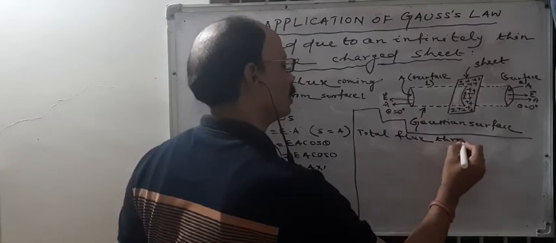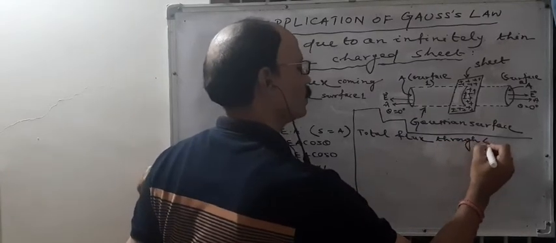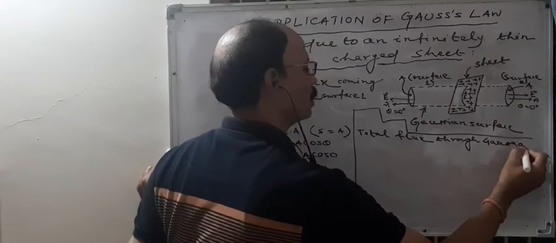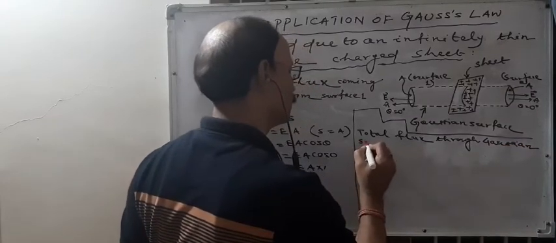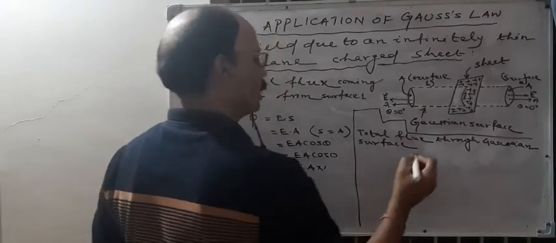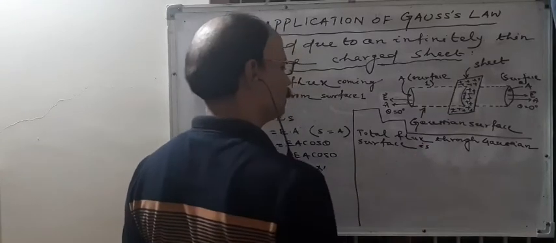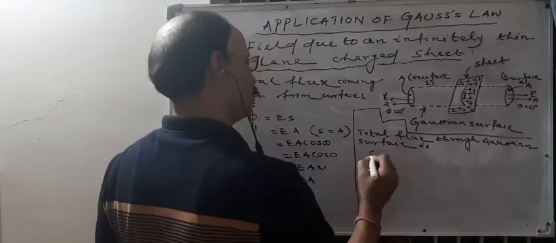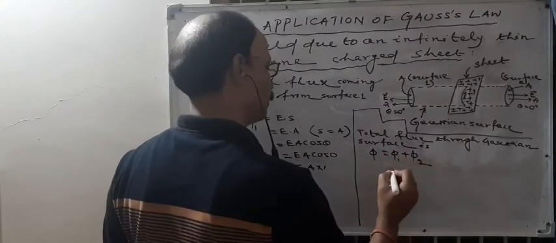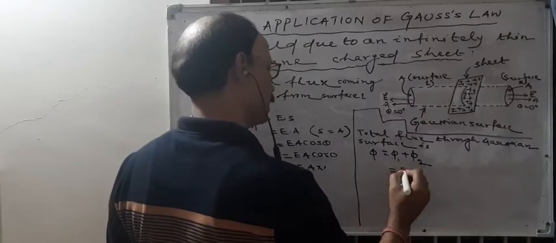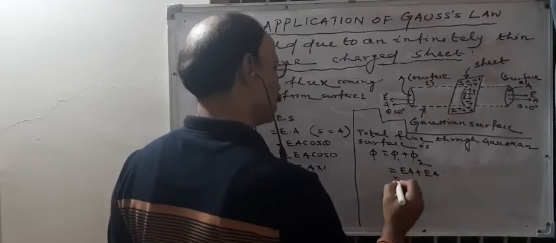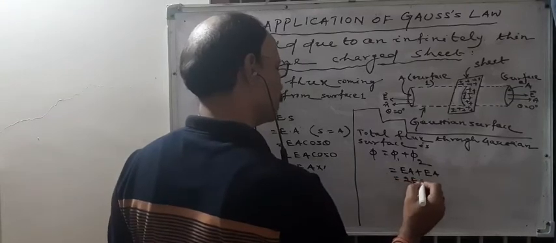Phi equal to phi 1 plus phi 2. So phi 1 is E A, and phi 2 is E A. So it will be 2EA.